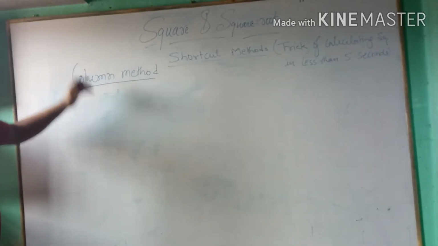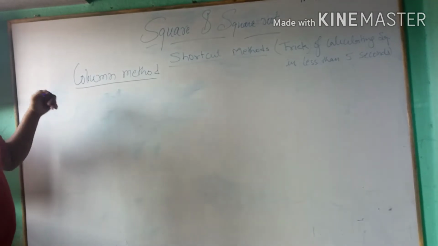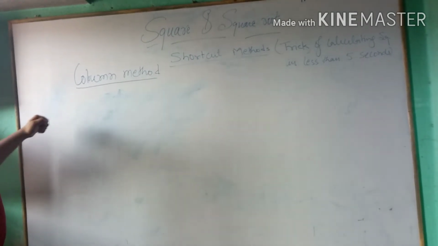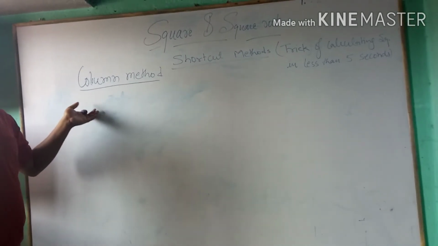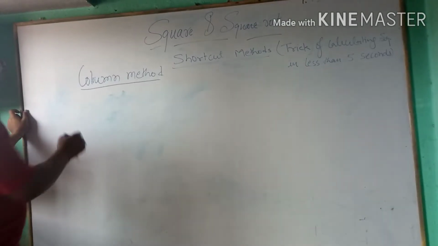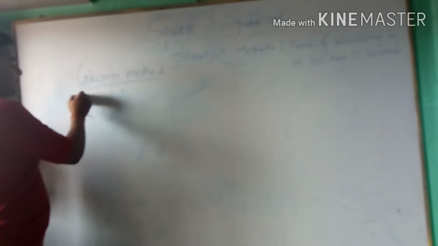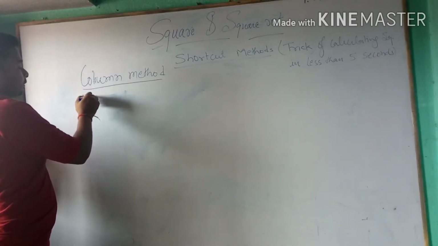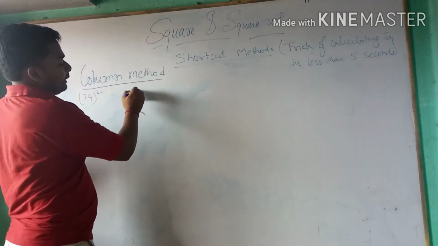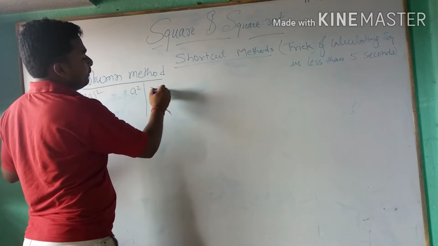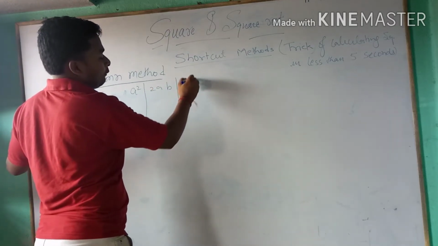To calculate the square, suppose we have any number. Right now we did it with 98. We will go with a slightly bigger number, that is 74. Suppose this is our number, then we will use the a square, 2ab and b square form.